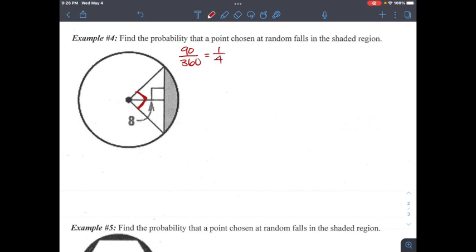And since this is 1/4 of a circle, I'm going to concentrate on the 1/4 of the circle because we're going to get whatever we want to shade it. Find the probability of the point chosen at random falls in the shaded region. So I technically need to find this little piece right here, then take it over the whole circle. So let's draw our strategy right now.